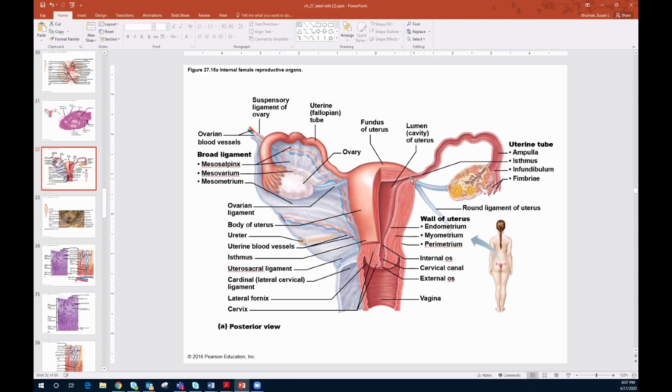The name when we narrow up is called the isthmus, which is one of those really hard words to say because who puts s and t and h and m next to each other? That's craziness. So anyway, the isthmus and then the transmural or intramural portion, inside; mural means wall. And then we get into the lumen of the uterus.